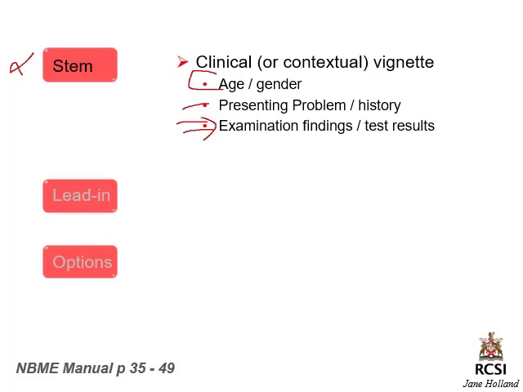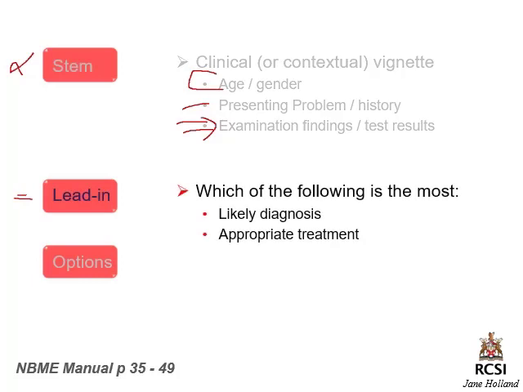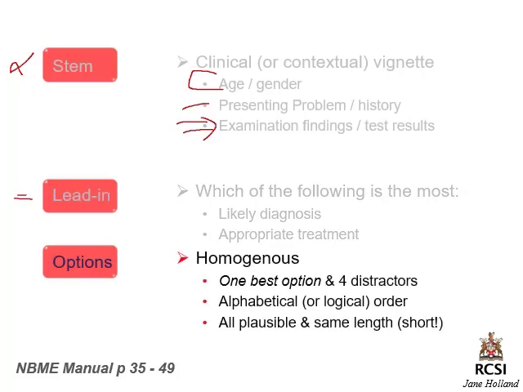And then once you've given the relevant presenting problem and relevant history, signs and symptoms, you can then say the lead-in. Which of the following is the most likely diagnosis? Which of the following is the most appropriate first-line antibiotic? And so on and so forth. And then of the options, you give 5 similar options or homogeneous options, like 5 arteries, 5 antibiotics, 5 receptors, 5 muscles, 5 nerves, whatever.